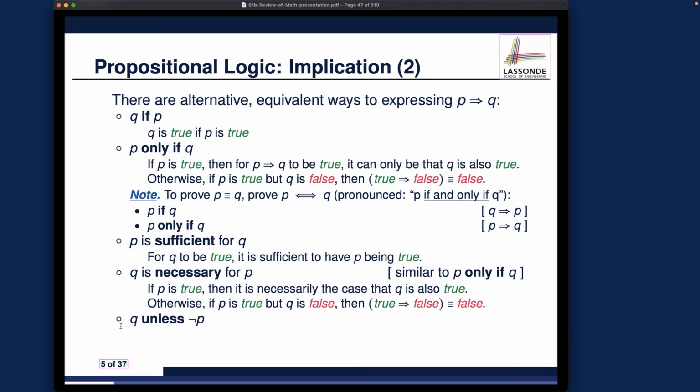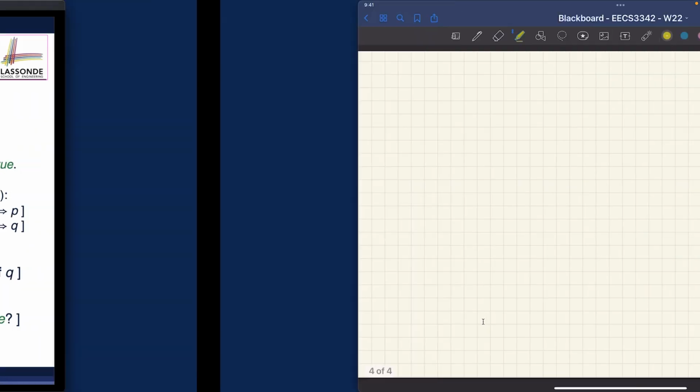Okay, the final one is Q unless not P. This one looks a little bit tricky, but I will help you a little bit with that. So Q unless not P. So this is the hint question for you. When is P implies Q true? That's a very good question here. Let's now switch to iPad and take a look.